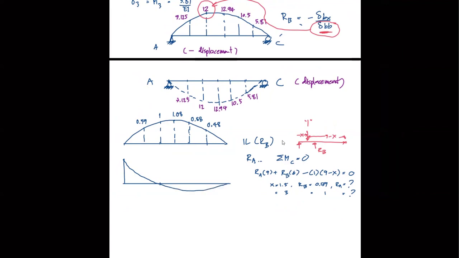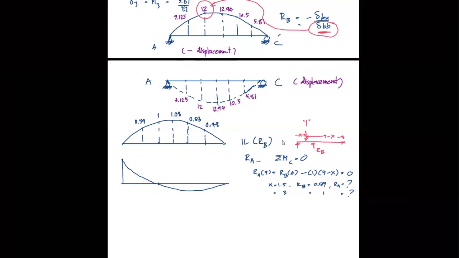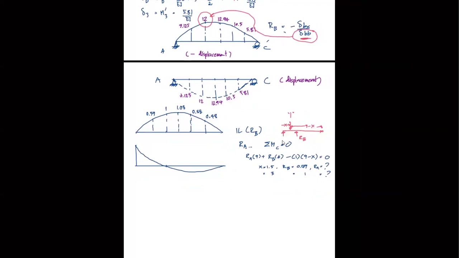It will look something like this. And if you keep plugging the numbers, you will obtain the numbers that look like this. This, of course, is 1. This is the influence line of A.